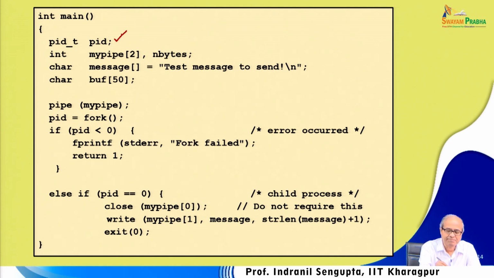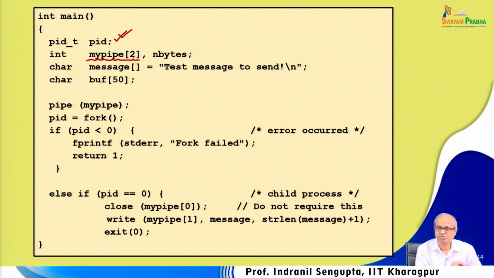We define a PID for a process, it is of data type pid_t, that is defined in the header file ipc.h. Okay. Now, let us get ready for creating the pipe. For that, we are creating this integer array, as I said, we call it mypipe of size 2, because at one end we will be writing, at the other end we will be reading.